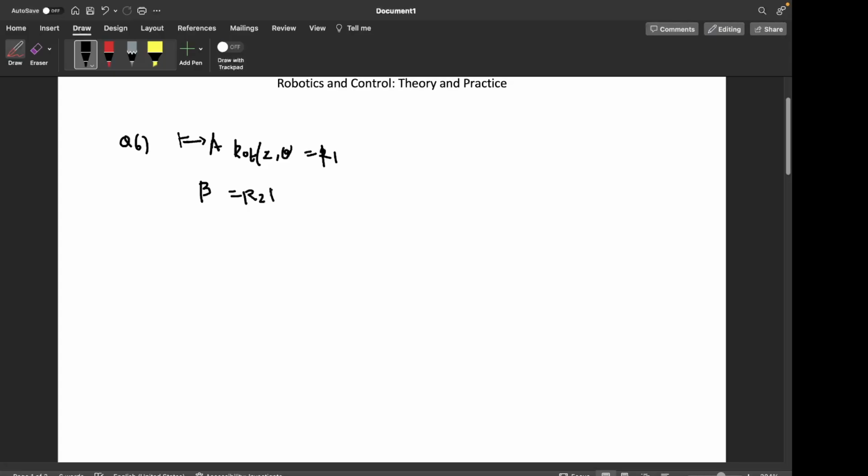R2 is the rotation matrix about the x-axis by angle phi, and the initial rotation was R1, which is rotation about the z-axis by theta.